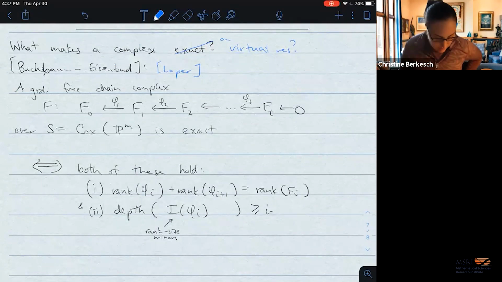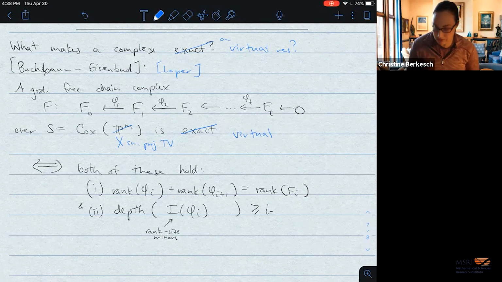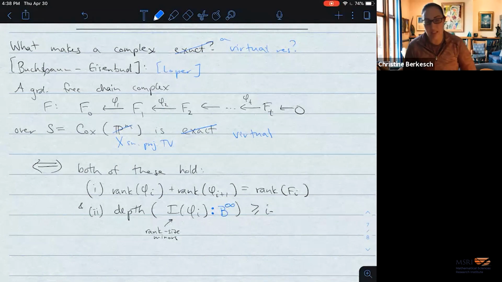So same hypotheses, but now we're going to work over our smooth projective toric variety, and then say this is virtual, or a virtual resolution if you like. And the only thing we need to add here is this up to saturation. So the rank condition stays the same, perhaps not surprising, but then we need to worry about our minors only up to saturation, because of course the geometrically irrelevant part shouldn't be factoring into this.